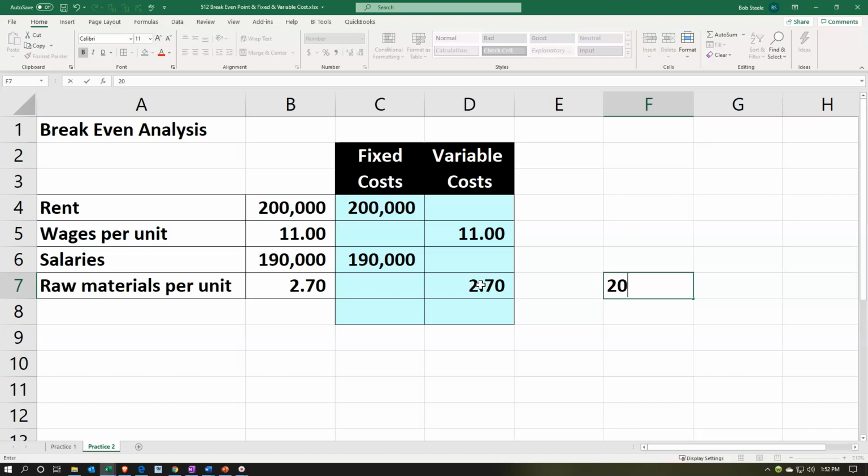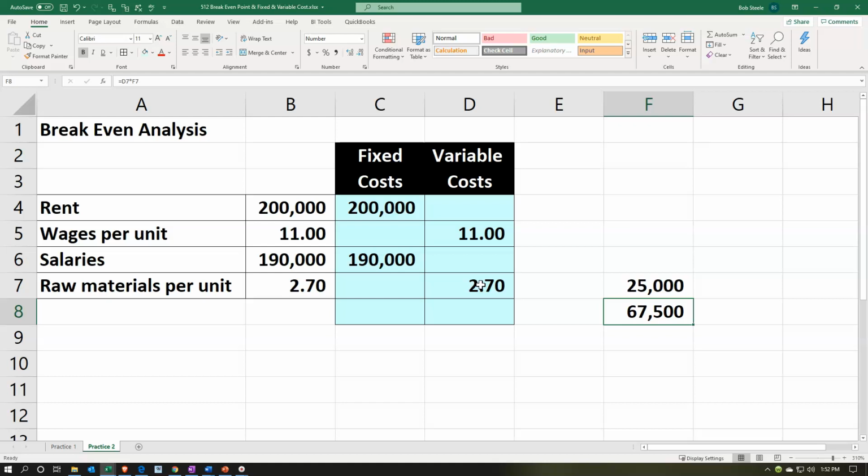If we sold 20,000 units, notice that if we took the materials cost 2.7 times the 20,000, then the materials cost would be 54,000. If we made and sold 25,000 units, then the materials cost would increase to 67,000. So materials will increase with the units that we produce and the units sold typically.